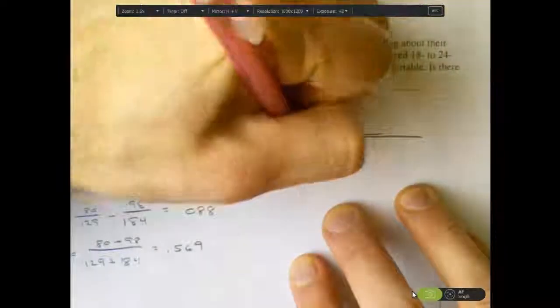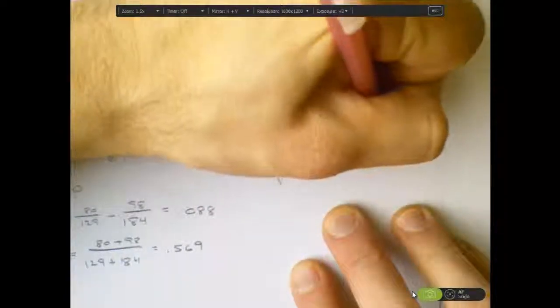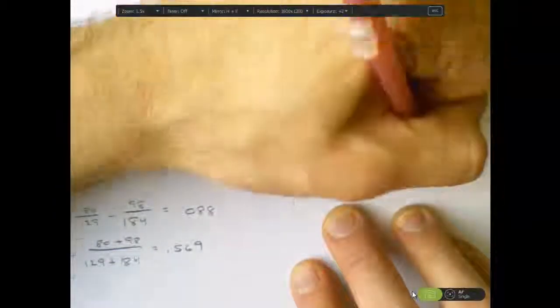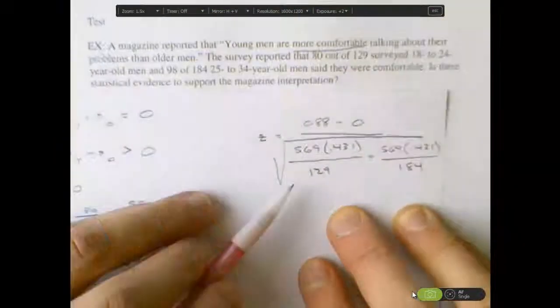The sample size for the young men was 129, plus for the old men, 0.569 times 0.431 divided by 184. There's my pooled estimate.